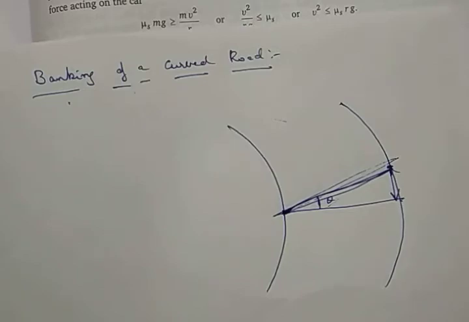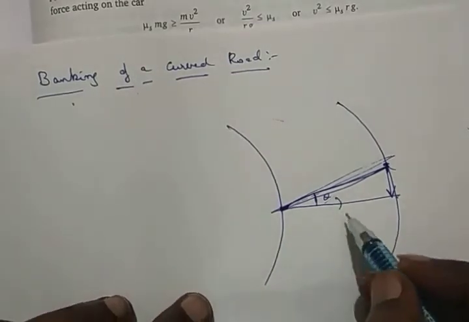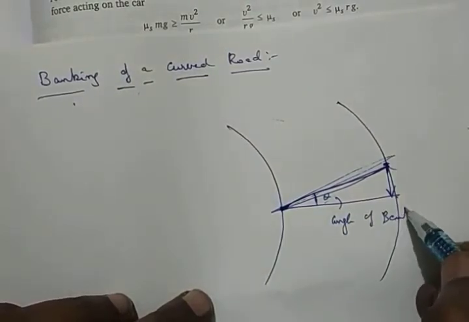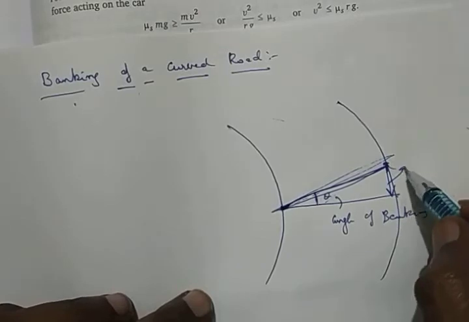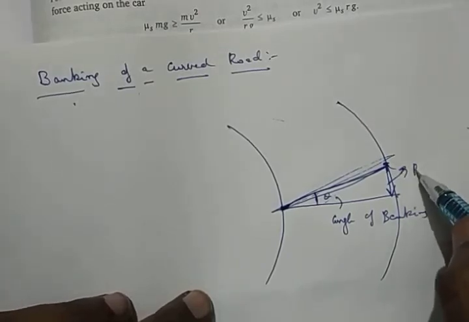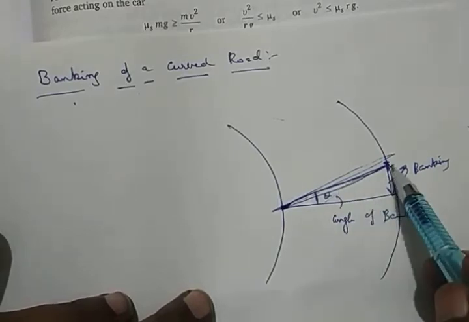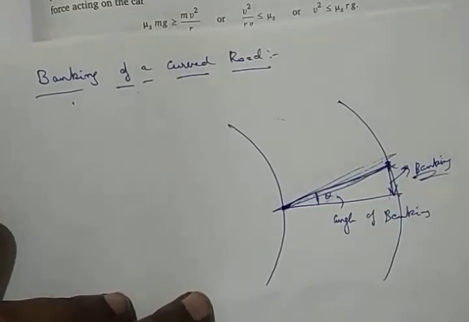The angle through which the outer edge of the curved road is raised is called the angle of banking. This is called the angle of banking, and this is called the banking. Mainly it is the system of raising this, that is called banking.